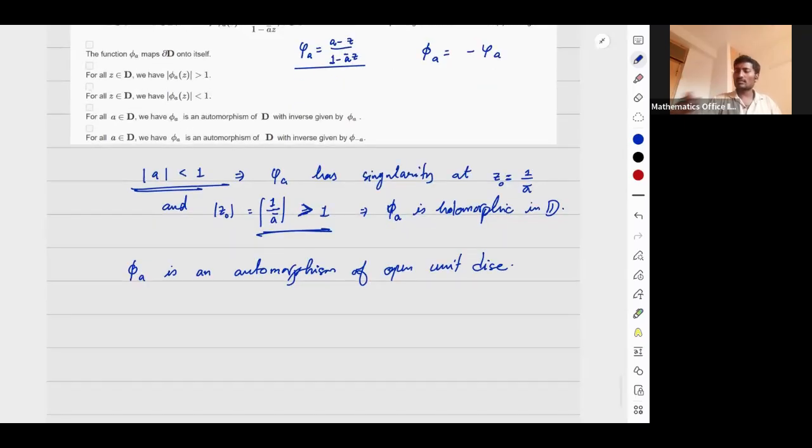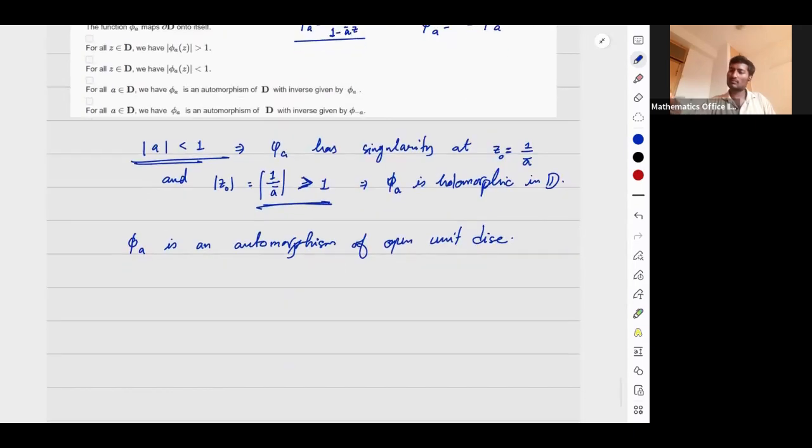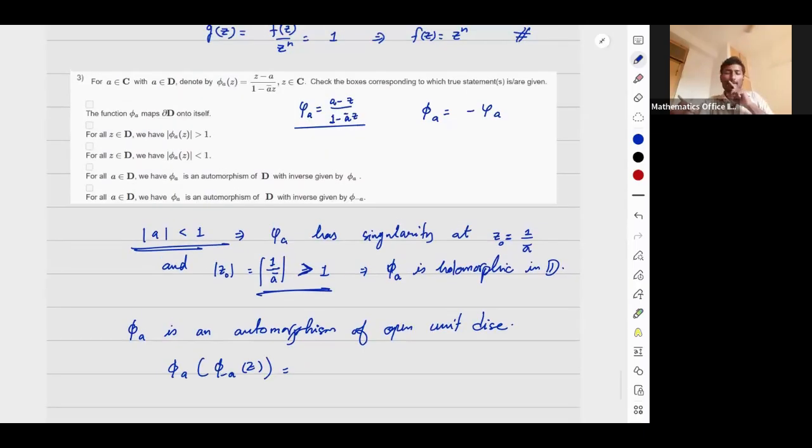For this domain, how do we show it? Consider phi A applied to phi of minus A. Minus A is of course also lying inside the unit disk if A is lying in the unit disk. It is just like the previous function.